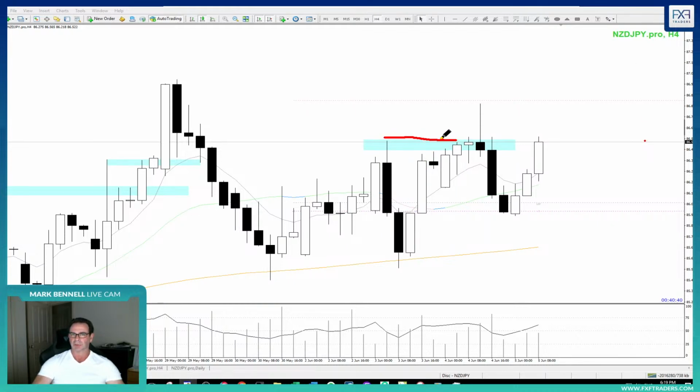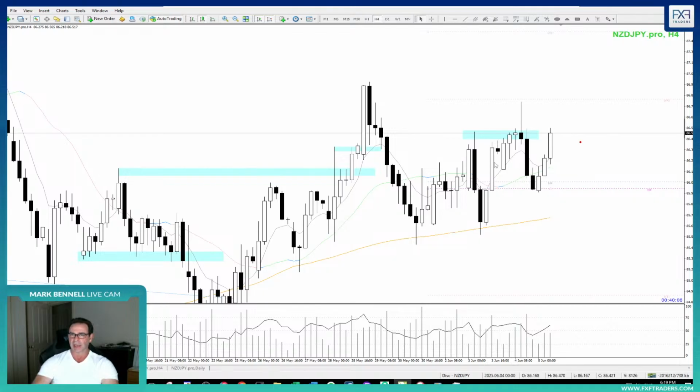Remember I said that's probably good enough just to take it straight through the wick. So you may have gotten entry in there, stop under there. You might have gotten something before the news. If you didn't, you should be exiting part of it under that. Clearly that got hit, and then down, and then you probably got the rest out there. So avoiding full losses is all part of it as well, folks.